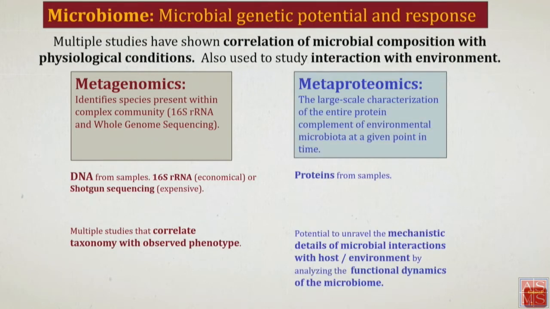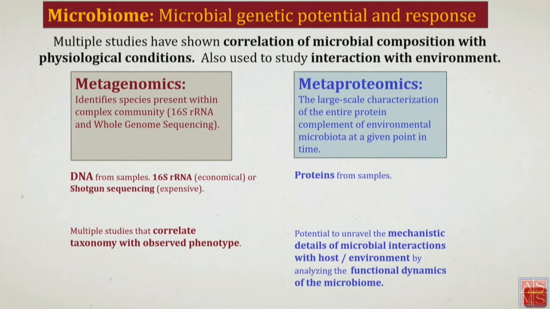What we are interested in, for reasons I'll explain later, is the study of metaproteomics, using it as a way to understand how a microbiome reacts to the environment. The advantage with metaproteomics, which is a study of proteins expressed by microorganisms, is that one uses mass spectrometry to identify peptides and proteins, and so one identifies the function of a microbiome.